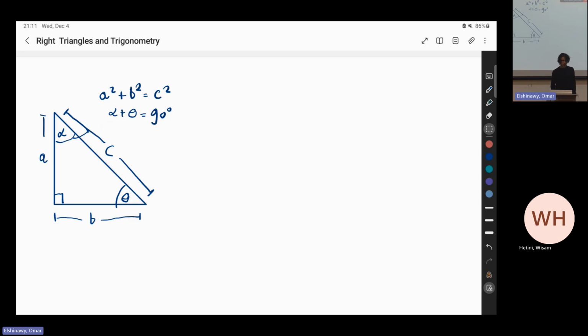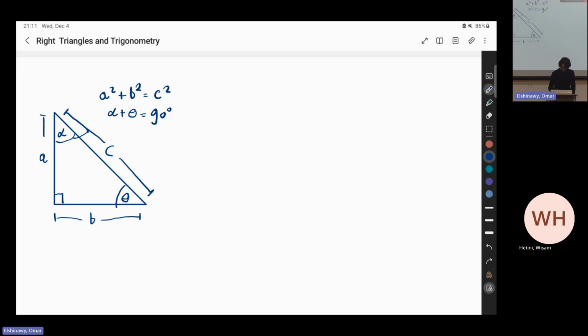And this is very interesting because if you don't know the angles that you have here, you don't need to worry about it, so you can always retrieve them. If you know the ratios between the sides, you should be able to retrieve the angles. And this is a very interesting idea.